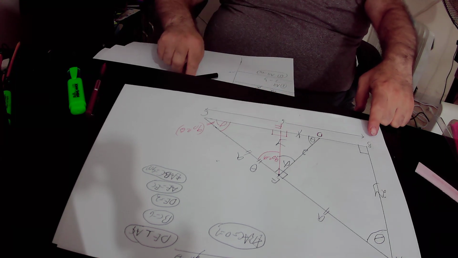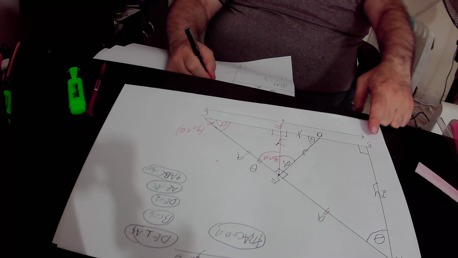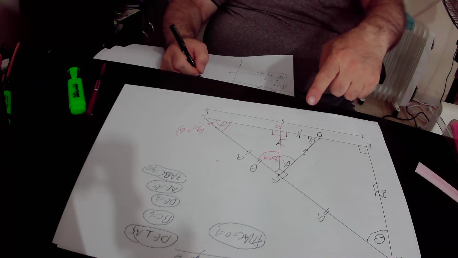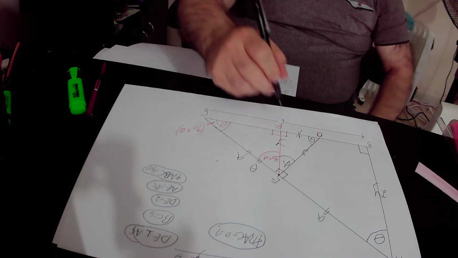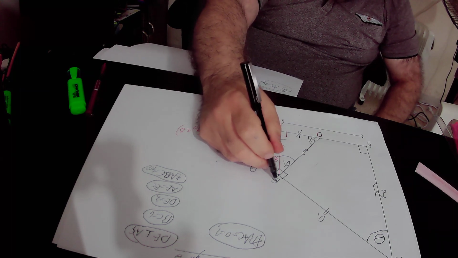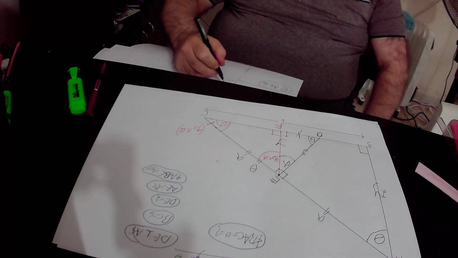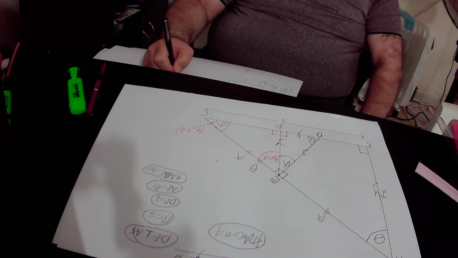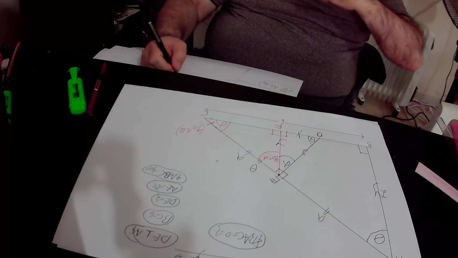So angle ABC of triangle ABC is equal to angle EFC of triangle EFC.